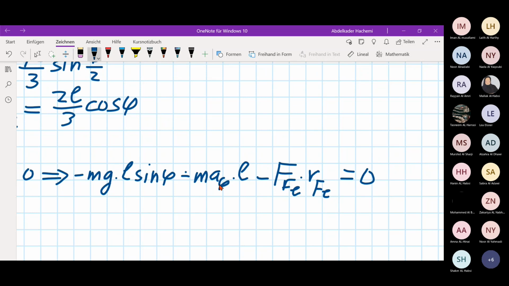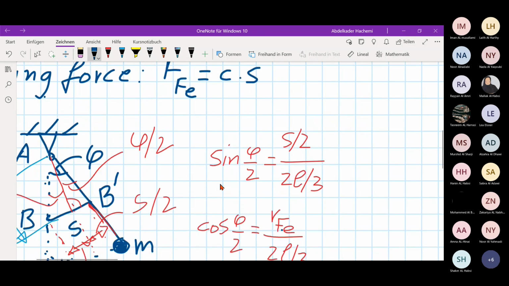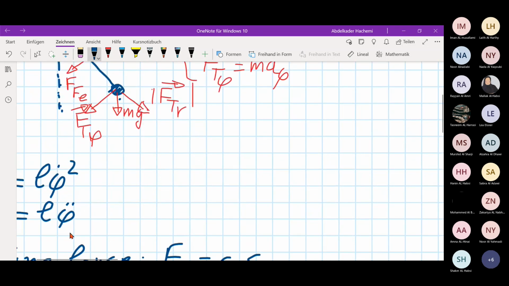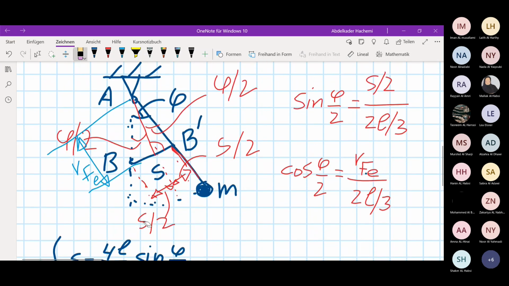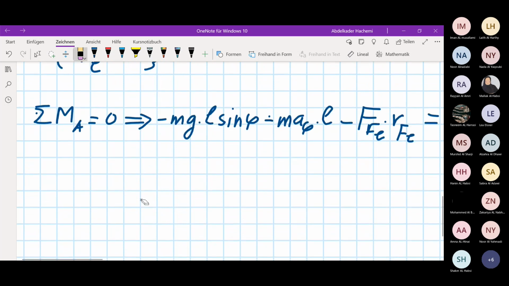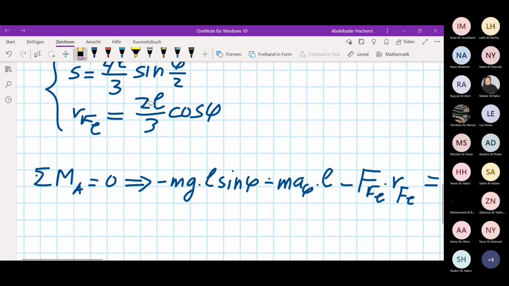Then we have here F_e, which is given by this expression here, L phi dot dot. And we have also R_Fa, which is given by 2L divided by 3 cosine phi.